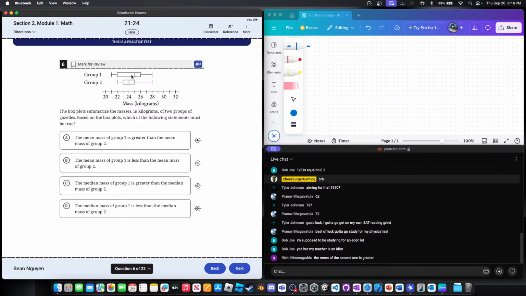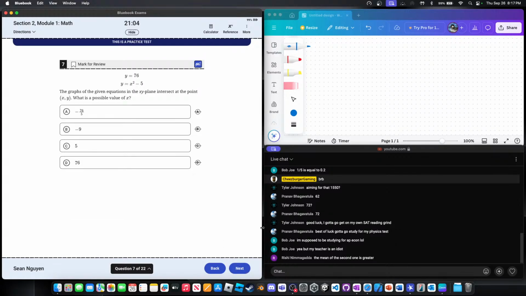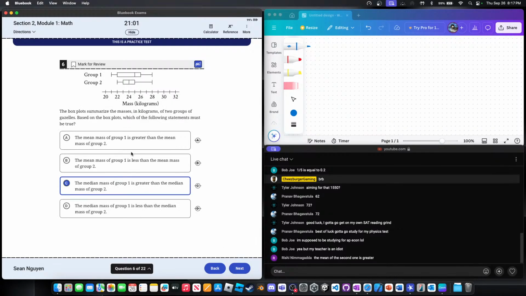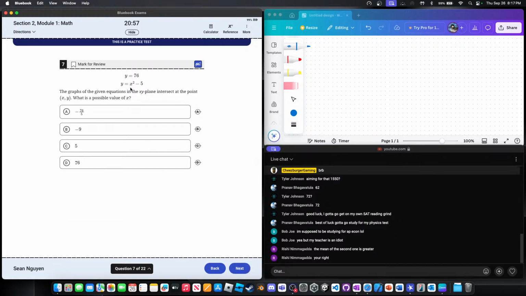The median for group 1 is... Right? Median is the middle values from what I just read. Middle value for this one is 24.5. So I'm just gonna say it's this. Second, or if you think that it's the mean the second one is greater, you just explain real quick.